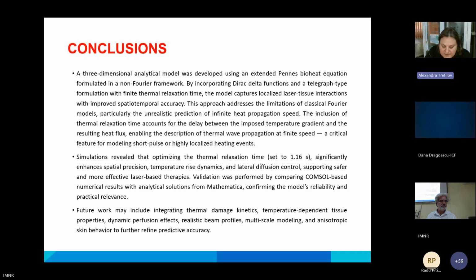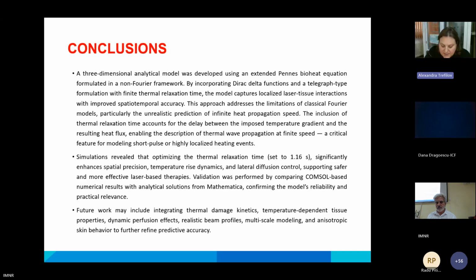So my study presents a three-dimensional analytical model based on an extended version of the Pennes bioheat equation using a non-Fourier framework. By incorporating Dirac delta functions and the telegraph equation, the model captures localized heating and finite speed thermal propagation, essential for accurately simulating laser tissue interactions.